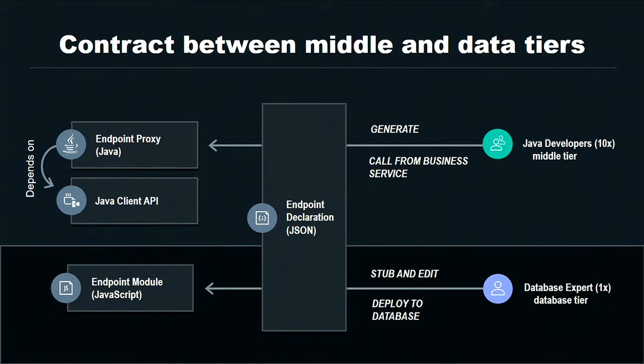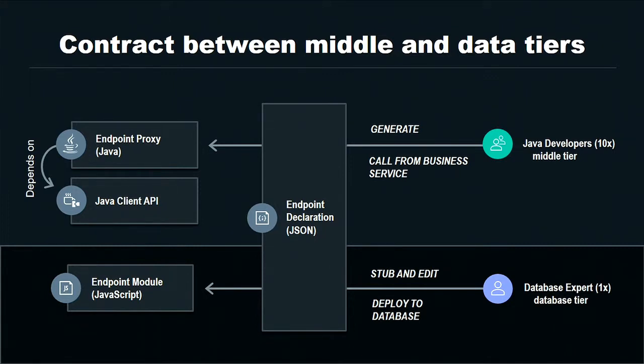Now that generated interface is a thin layer over the MarkLogic Java API, which is doing the heavy lifting of unmarshalling and marshalling and transporting data to and from the server. The database expert takes the same declaration and, using MarkLogic tooling, generates a stub of an endpoint module. And the database expert then fills in that stub with whatever the data service is doing with the persisted data.